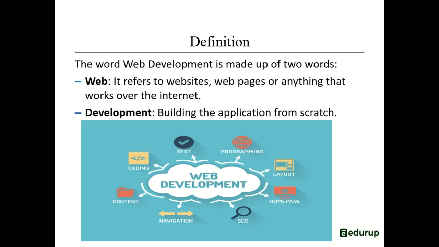Okay, so firstly I'll just go with the definition over here. The word web development is made up of two words. Can you see the two words here, web and development? Web refers to websites, web pages, or anything that works over the internet. That is what we call a web. And development means building the application from scratch.